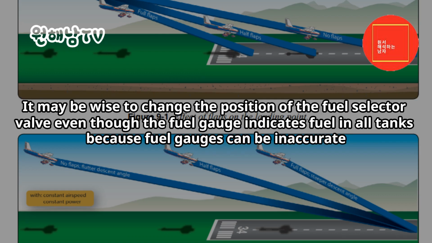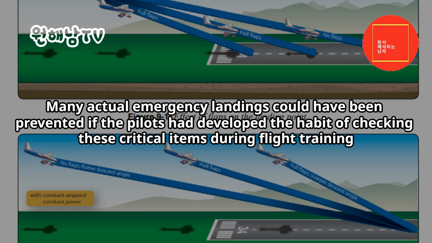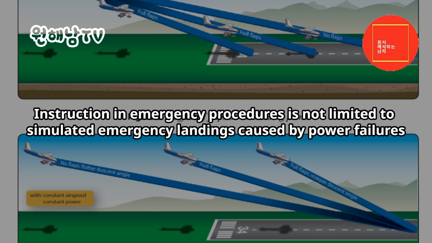It may be wise to change the position of the fuel selector valve even though the fuel gauge indicates fuel in all tanks because fuel gauges can be inaccurate. Many actual emergency landings could have been prevented if the pilots had developed the habit of checking these critical items during flight training. Instruction in emergency procedures is not limited to simulated emergency landings caused by power failures.